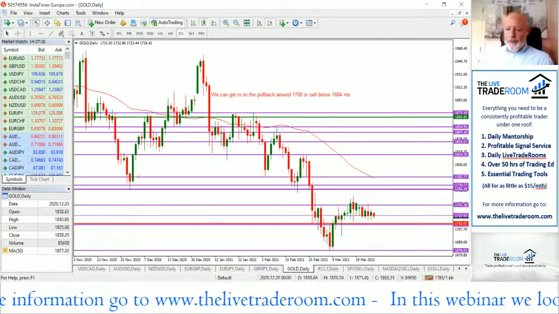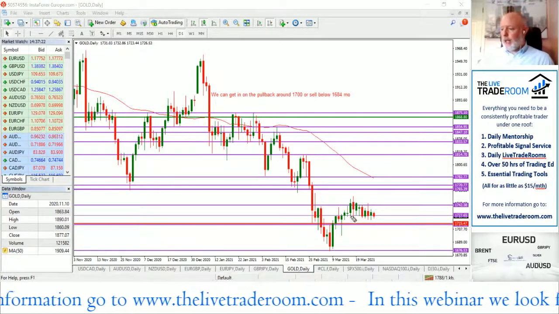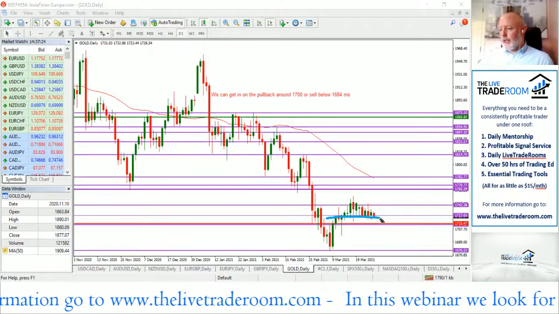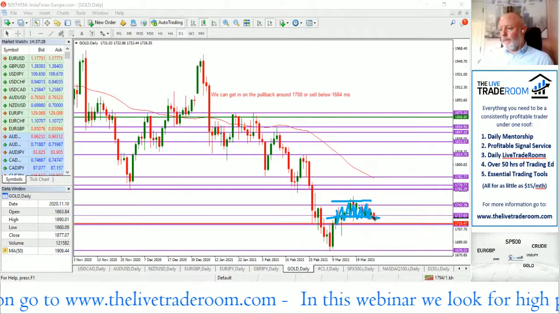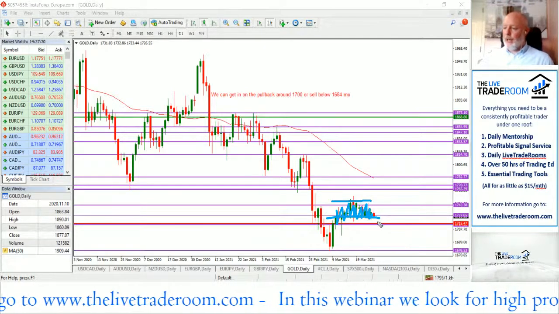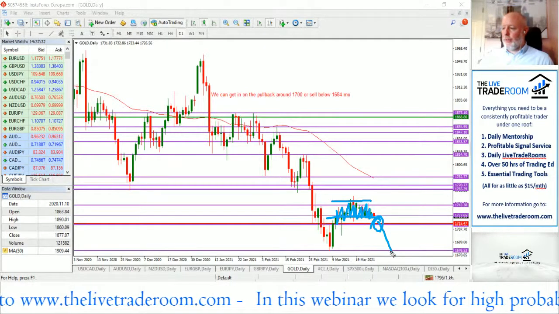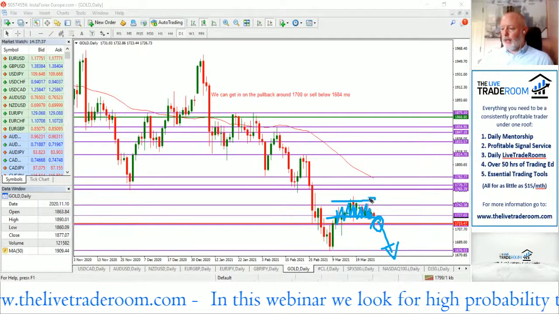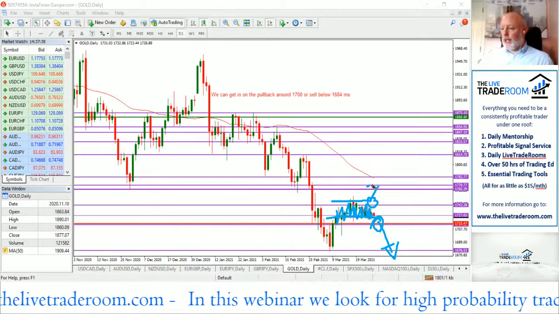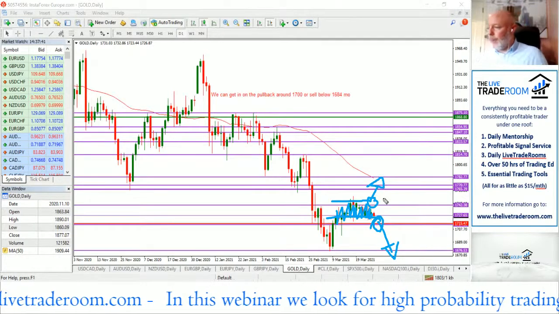Gold, we just want this market to break out of this little zone in here. As you can see, an awful lot of up and down price action. So that's fine. If we get the concerted break below the 17.15, then we'll be looking for selling. And there's probably a relatively short-term buying opportunity.